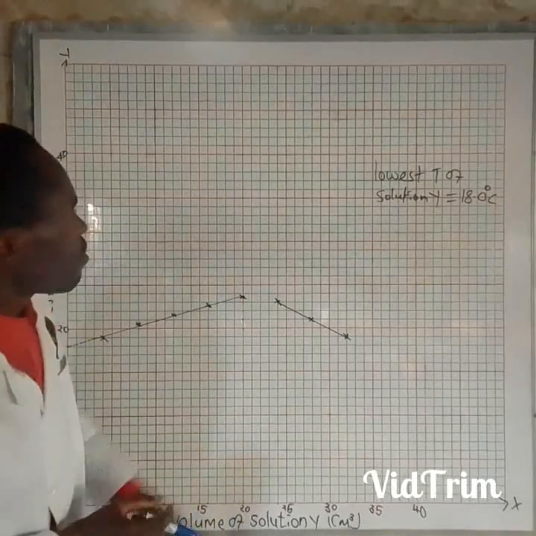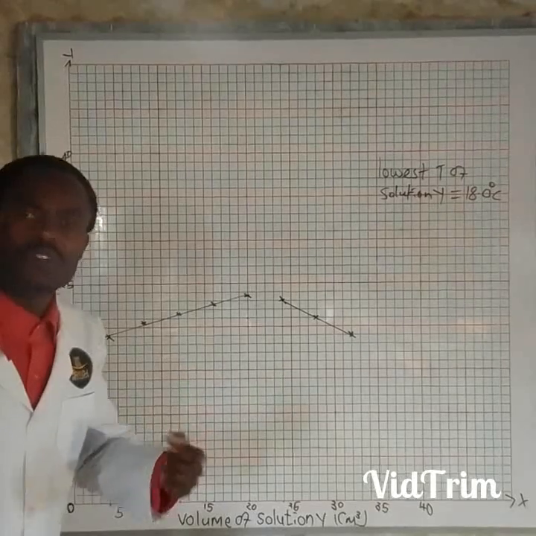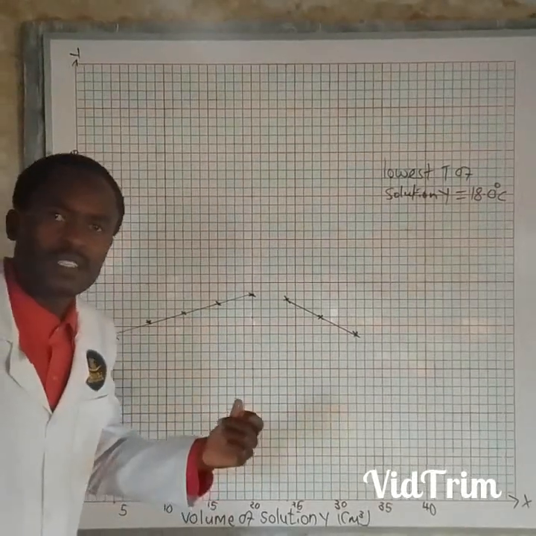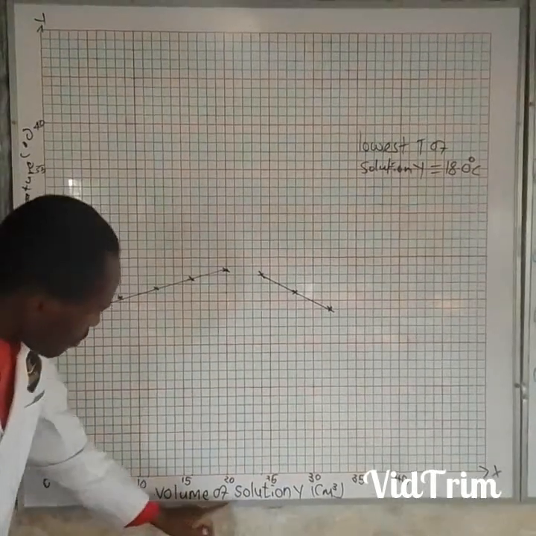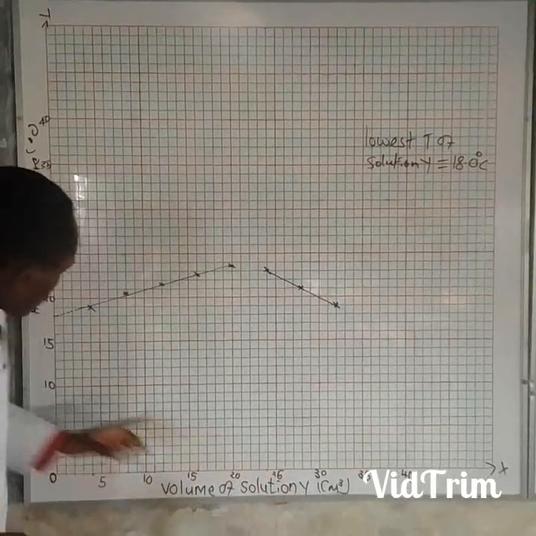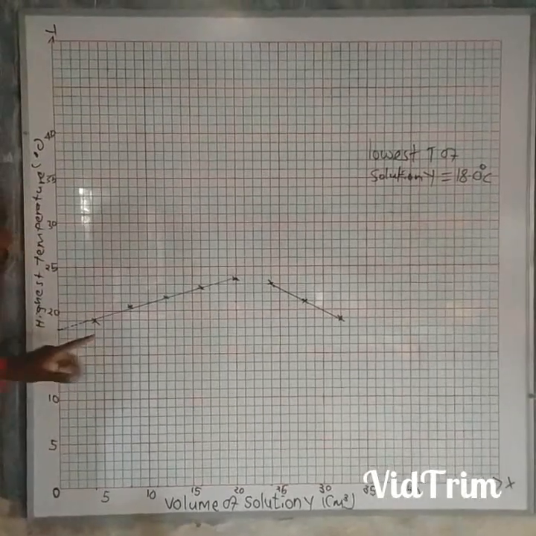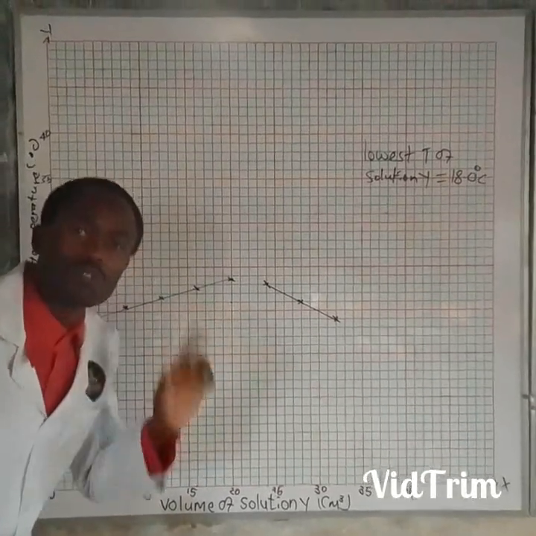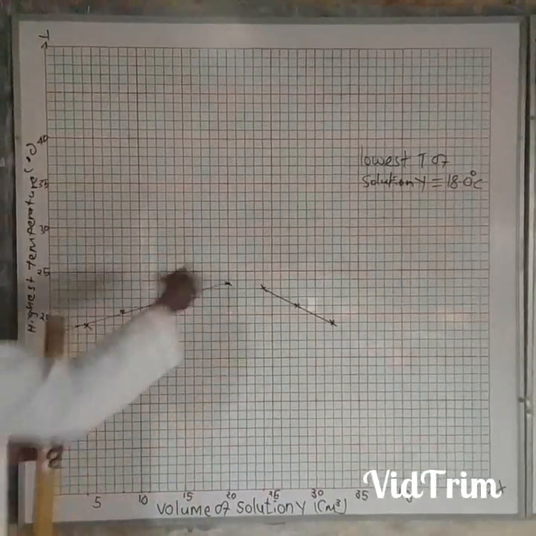Also, from this graph, you are expected to find the highest temperature reached of solution Y. Is it okay? So the lowest temperature, we extrapolate on this side. Then to get the highest temperature of solution Y used, I also extrapolate on this side. Is it okay?